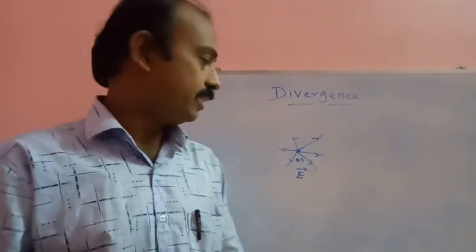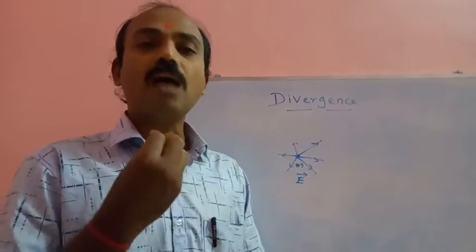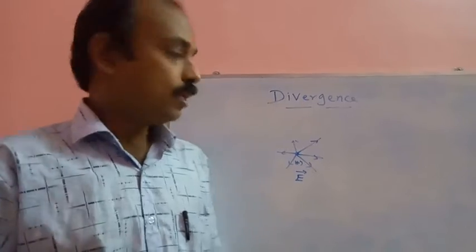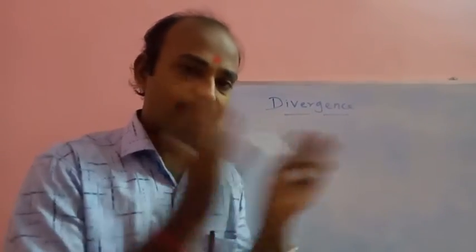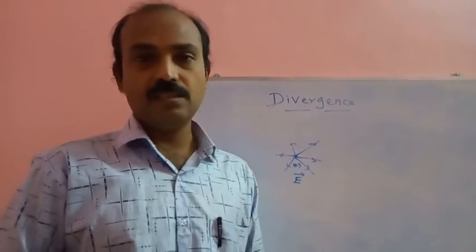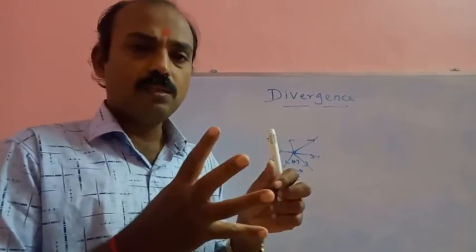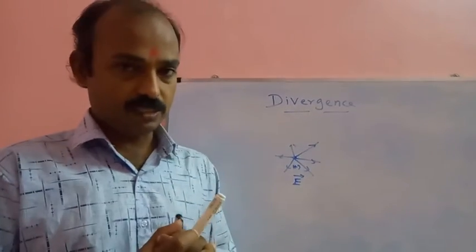Electric field normally points out if the charge is positive. So from a point charge, the electric field spreading is actually divergence. Okay, this is one example, and this is one definition of the divergence.